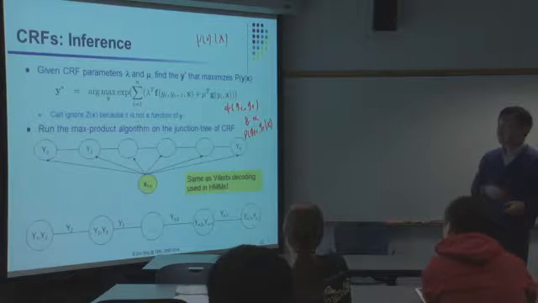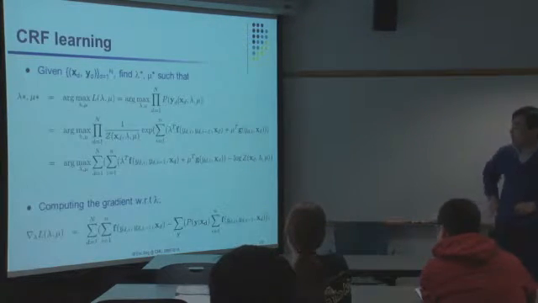But again, even in such a supervised setting, learning can be tricky. Why is it tricky? Let's look at the exact definition of this learning problem. Learning in CRF amounts to figuring out the maximum likelihood estimation of these two coefficients, which are the pairwise marginal weight and the singleton marginal weight.